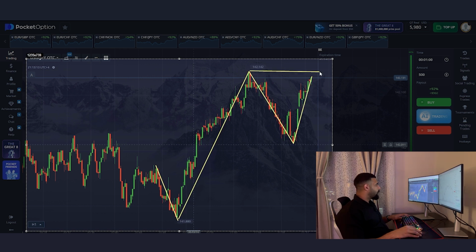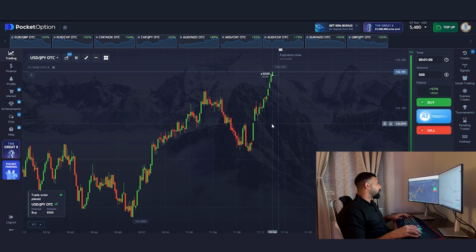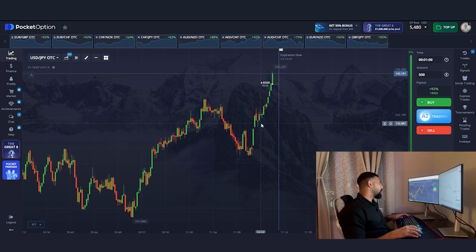So I think if it breaks down on this point or breaks more than this point, I can go back and open my trade on a buy, because this will be the break of structure, this point to here. So it will go more than this. So let's find out. We'll open our trade for 1 minute as we mentioned.